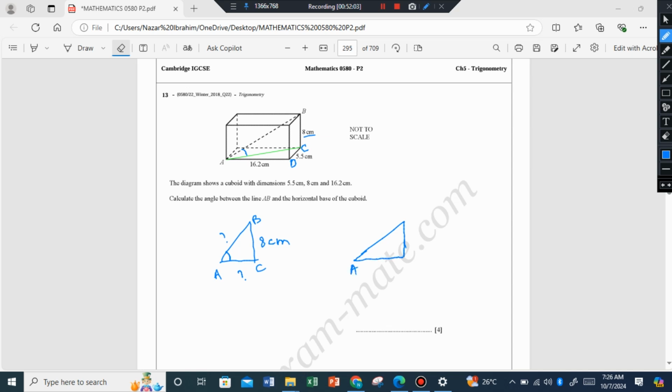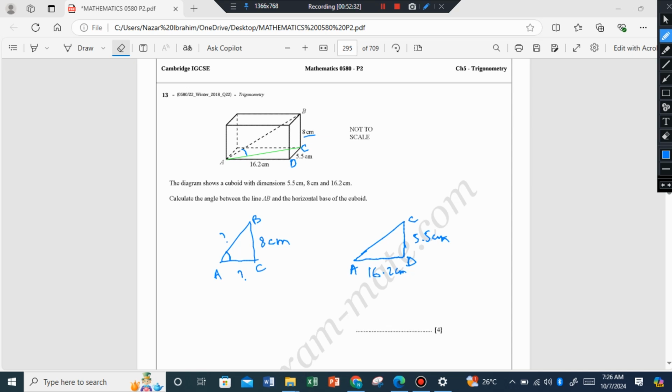So this is basically A, C, and D. What I have over here is this is 5.5 centimeter and AD is 16.2 centimeter. So first I will take out AC from here. I will put it over here. Then I can take out my angle BAC, the angle forming between the line AB and AC, right?